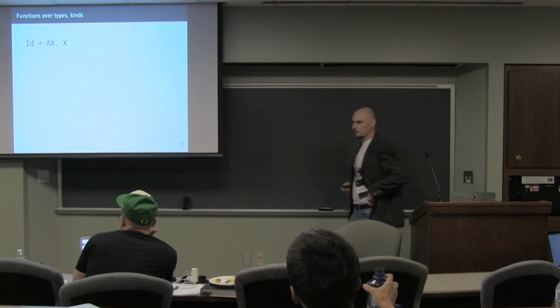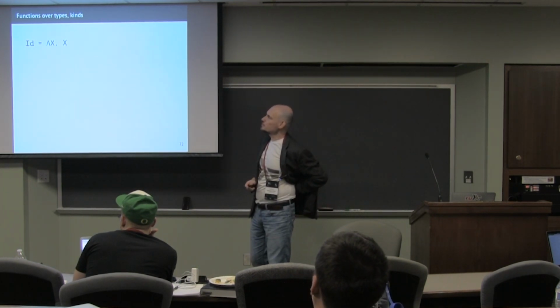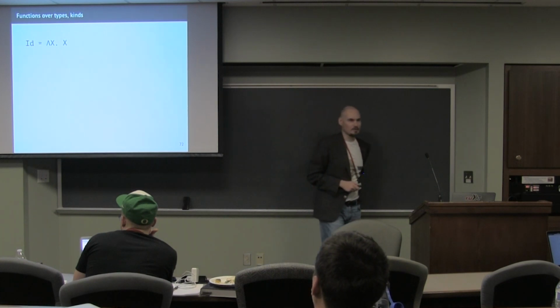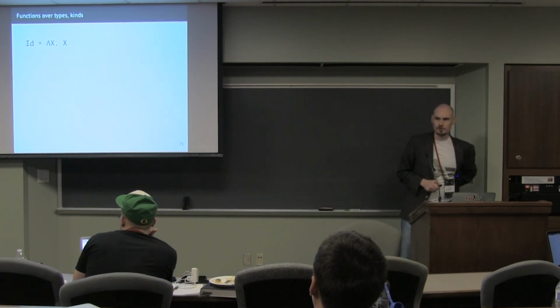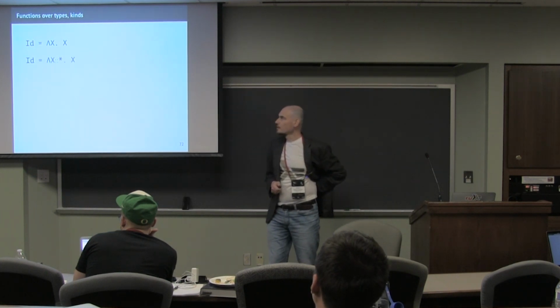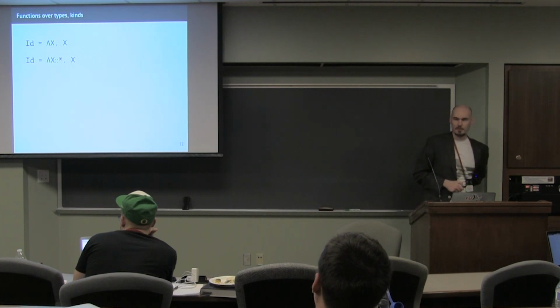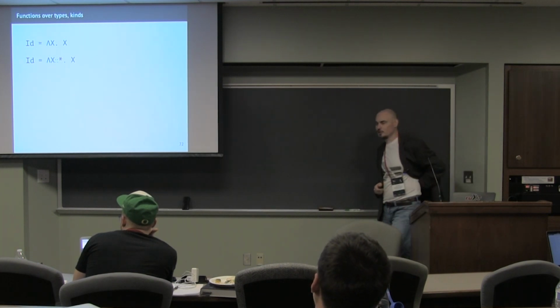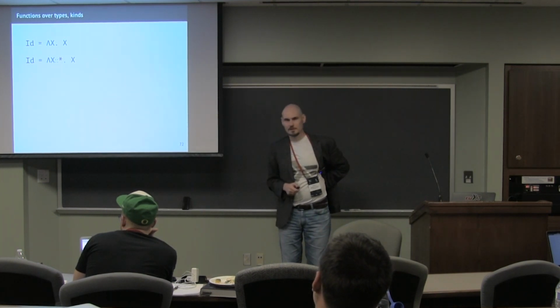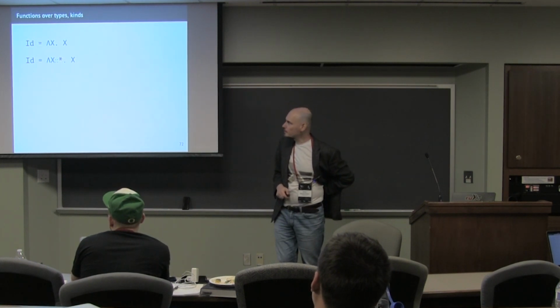So we want to have functions over types. For example, like this one, an identity function over types. It takes some type and then it returns the same type as a result. In this system, we want to classify types somehow, and we'll need only one classifier, this asterisk or this star here.